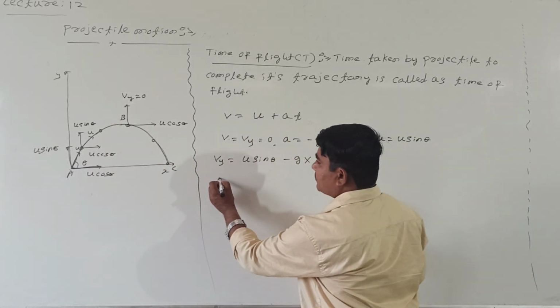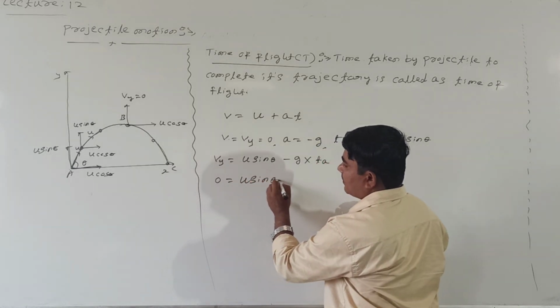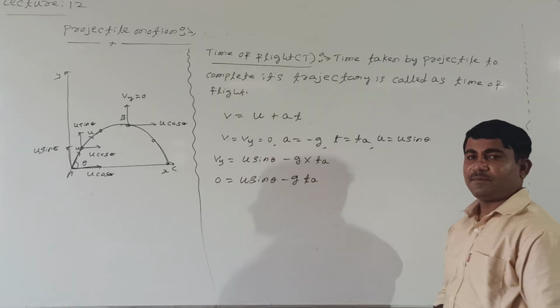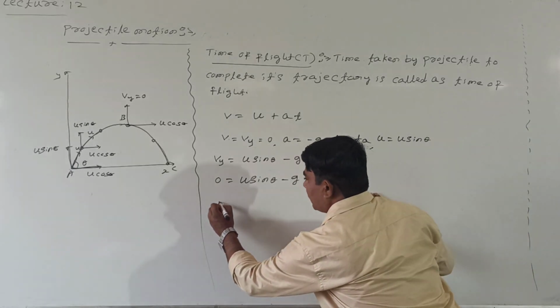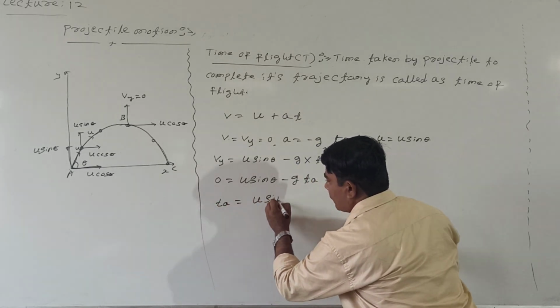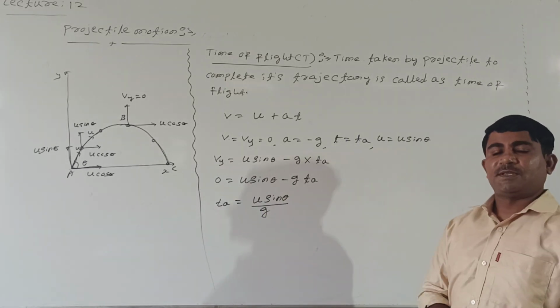Then 0 equals U sin theta minus g into TA. Directly, TA, time of ascent, equals U sin theta divided by g.